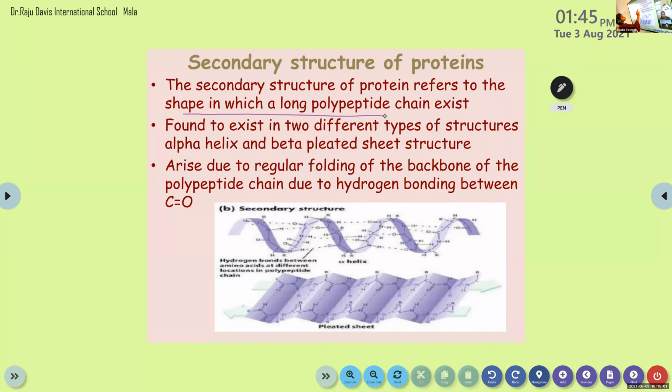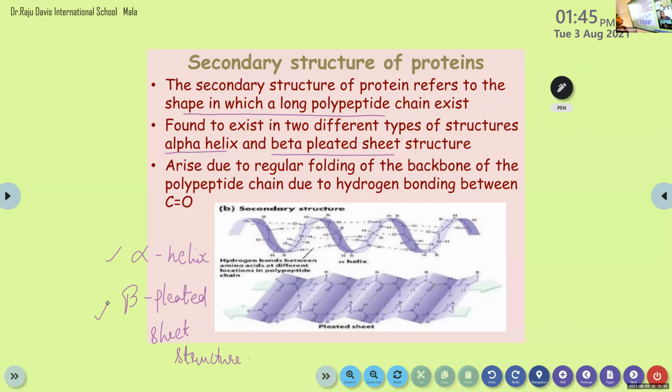It is found to exist in two different types of structures. First one is alpha helix, and the second one is beta pleated sheet structure.